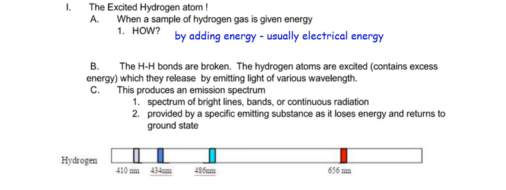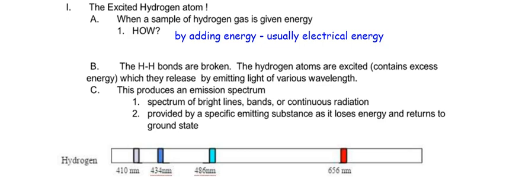If we had a spectrometer with that diffraction grating, we could look at the ruler with those lines, and we would see a violet line at 410, a bluish line at 434 nanometers, a teal line at 486 nanometers, and then a red line at 656 nanometers. This is hydrogen's distinct footprint, if you will. No other element will have those exact wavelengths, so that's unique for hydrogen.